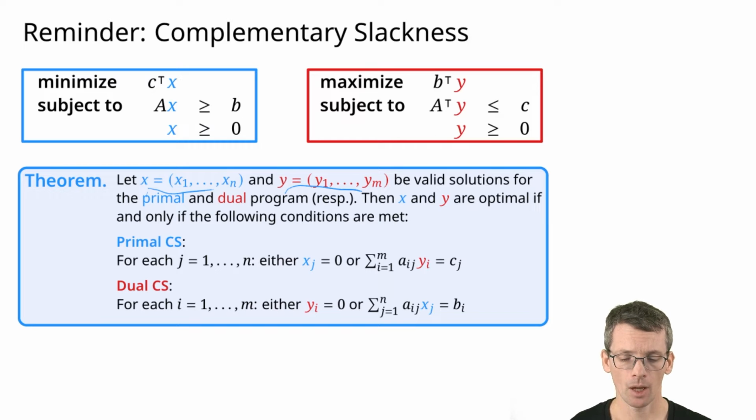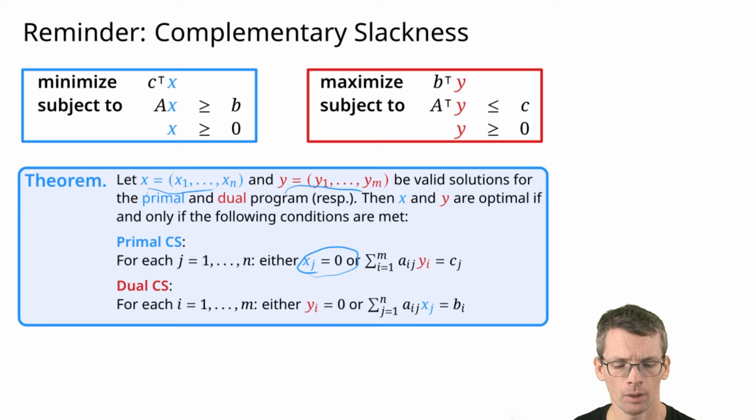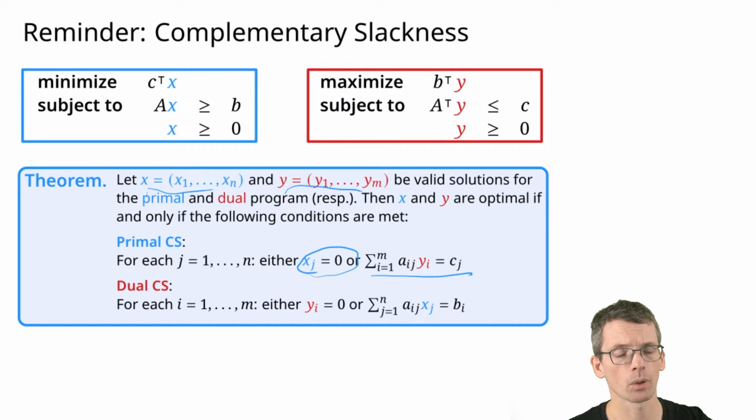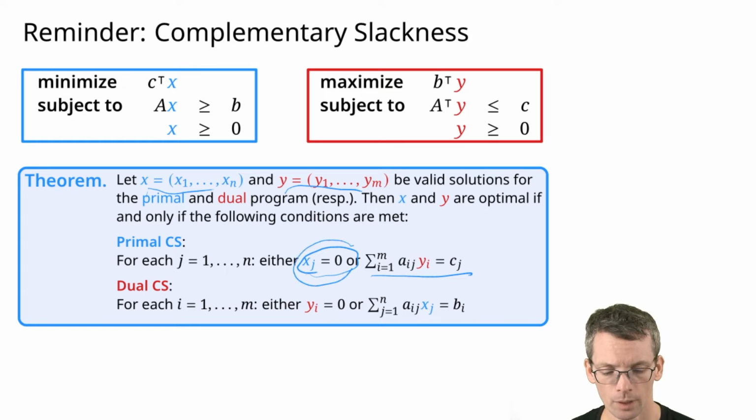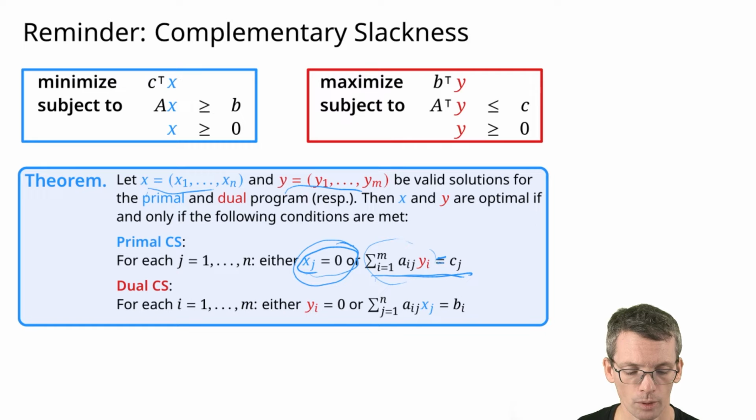Complementary slackness means that either, for primal complementary slackness, a variable is 0 or there's no slack in the corresponding dual constraint. This is a variable in the primal that corresponds to a constraint in the dual. The constraint is this term should be smaller equal c_j. No slack means it actually holds with equality.